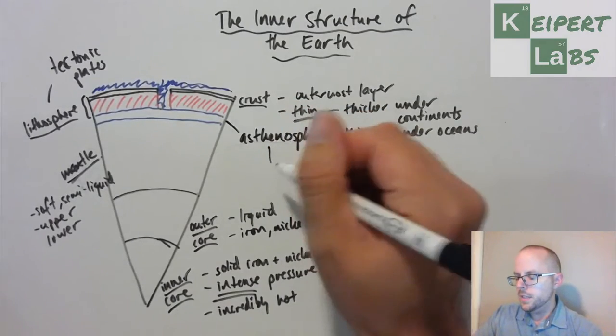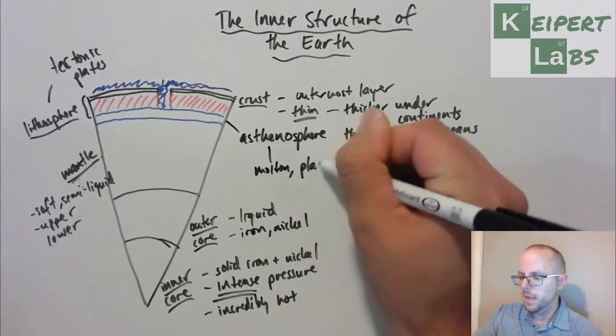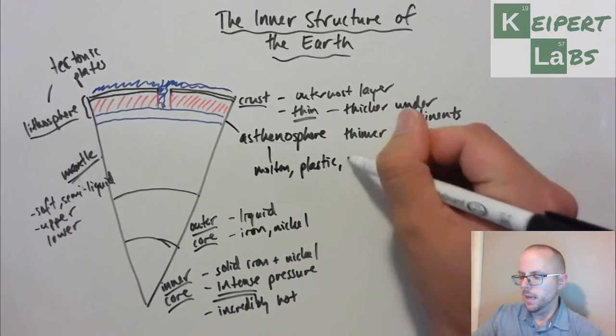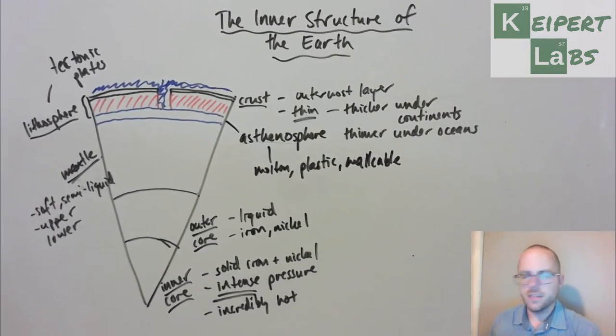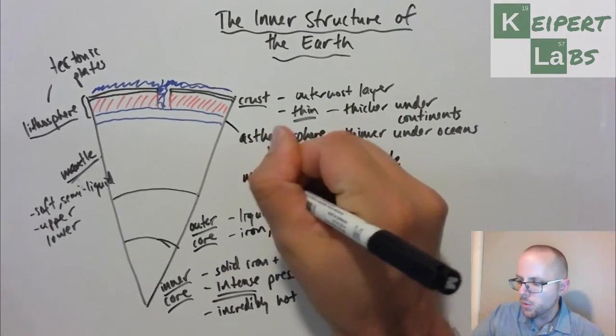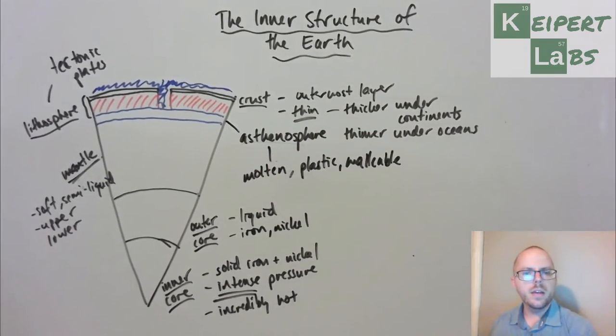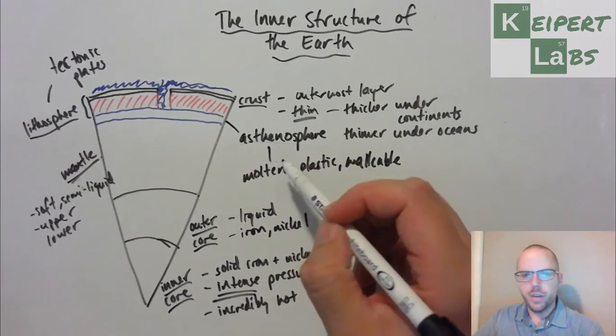What it is, is a molten, plastic, malleable layer. Now, by molten, I'll rewrite this, molten. It's actually like a solid that has melted and remains in an oozing state because it's very hot.